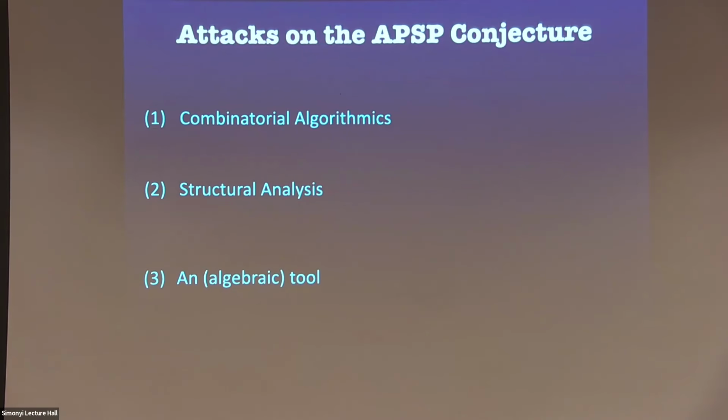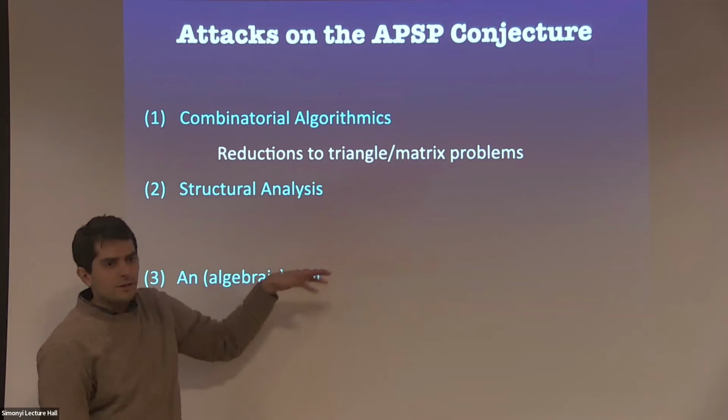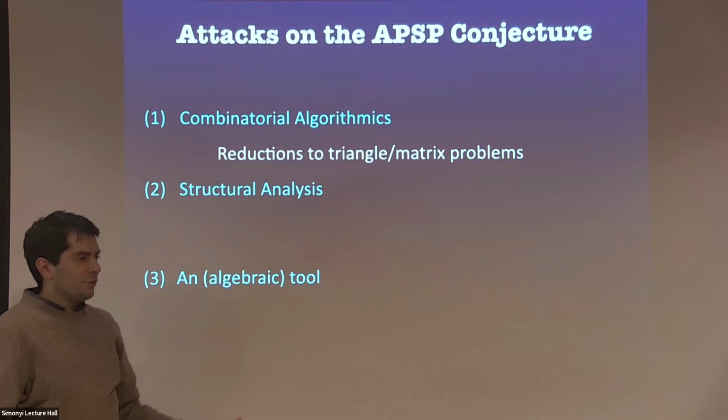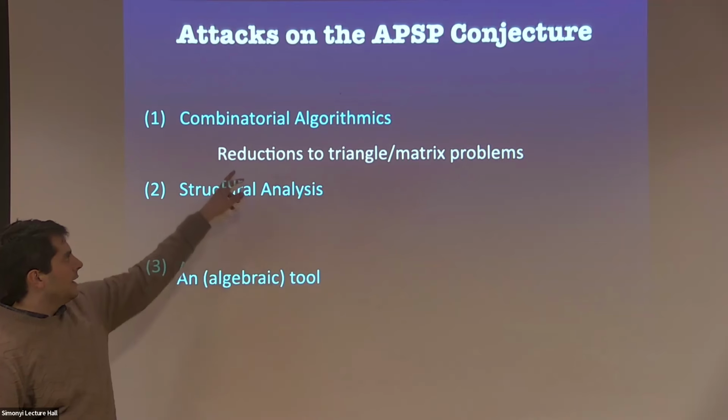Okay, so I want to describe some attacks on the APSP conjecture, and share some recent progress under this kind of framework of some combinatorics, some structural analysis, and some heavy tools. Of course, in everything we're looking for new things, but let me just suggest some of the things that are out there.